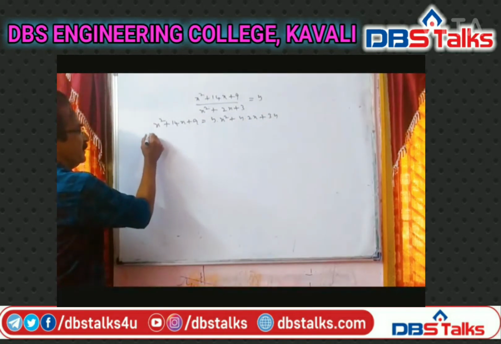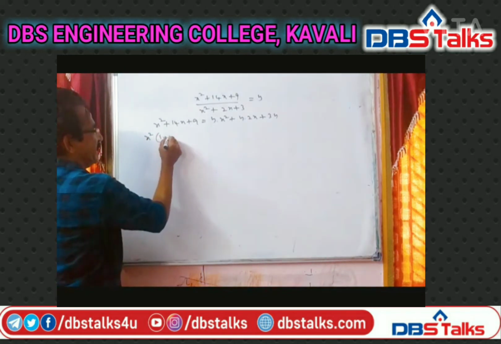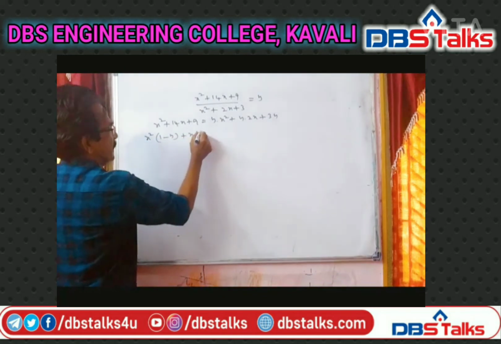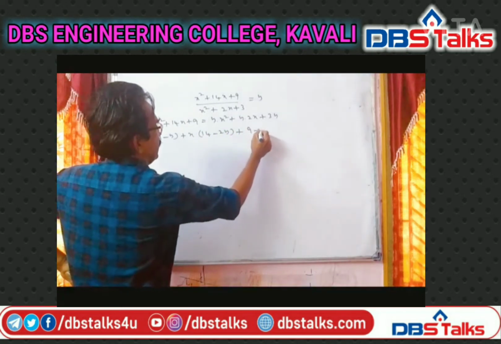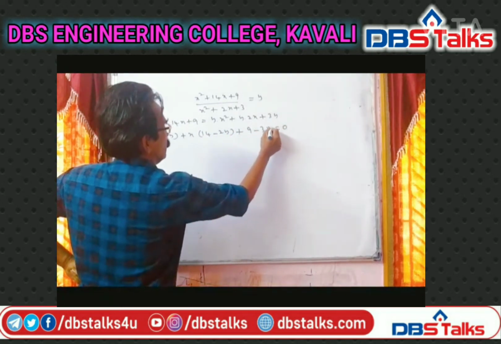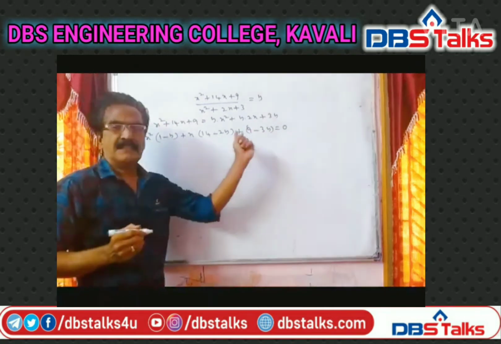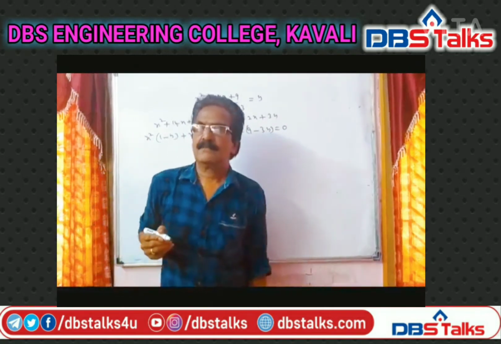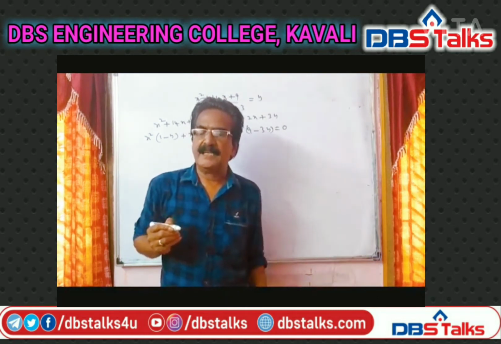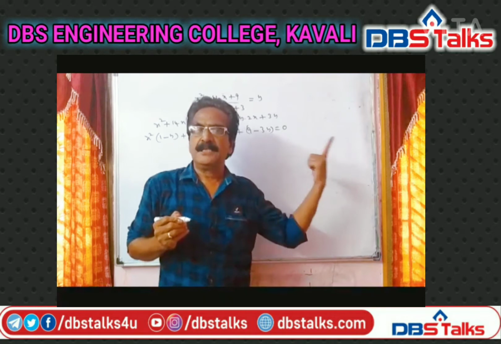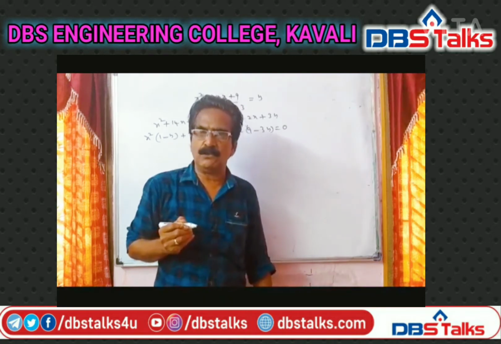It again implies x^2 into (1 minus y) plus x into (14 minus 2y) plus (9 minus 3y) is equal to 0. This is a quadratic equation in x, and it is said that x is real. If x is real, we know that b^2 minus 4ac is greater than or equal to 0.